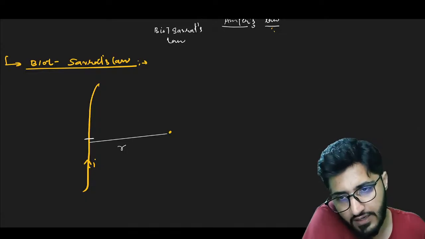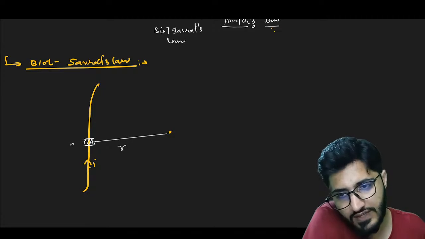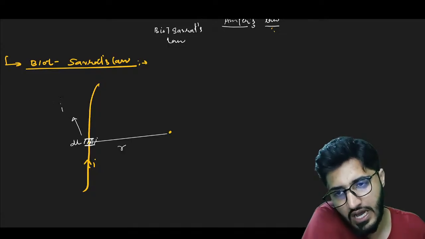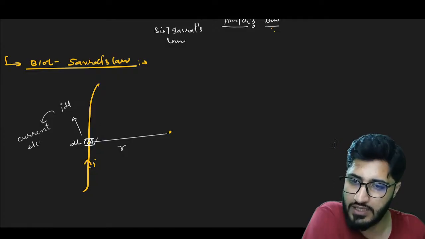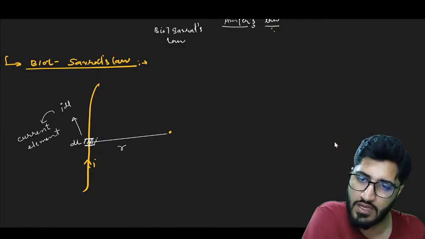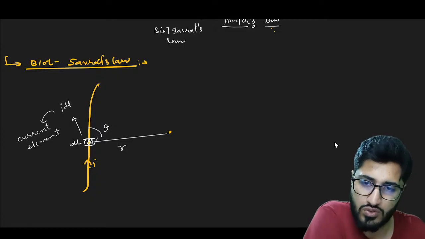So the magnetic field due to this small region: if the length is dl and the current flowing is I, I can write I dl, current I flowing through the dl element. This particular thing is known as current element. This is my angle theta. Due to this small element, my magnetic field will be small.